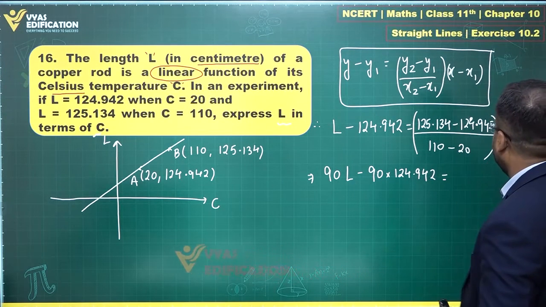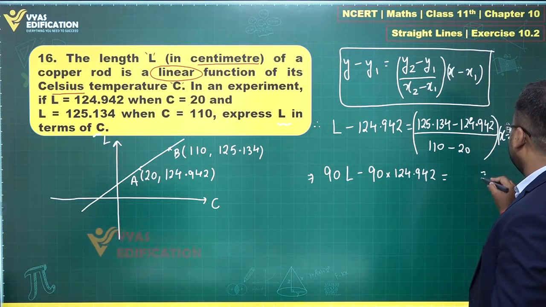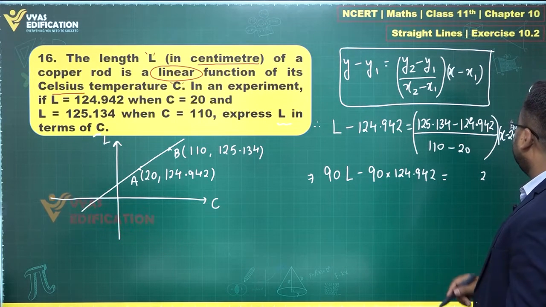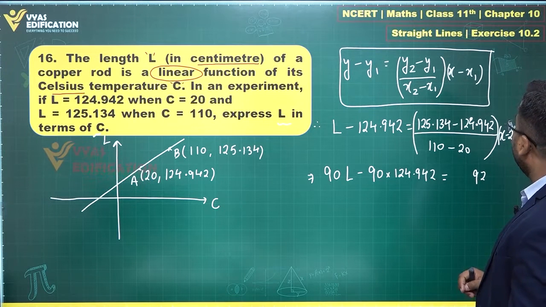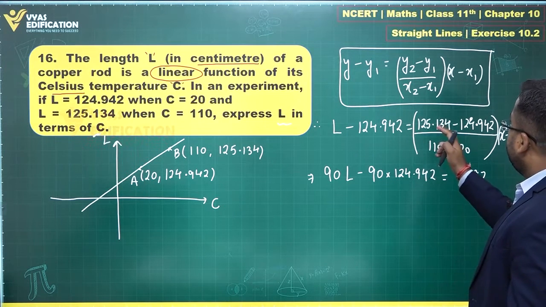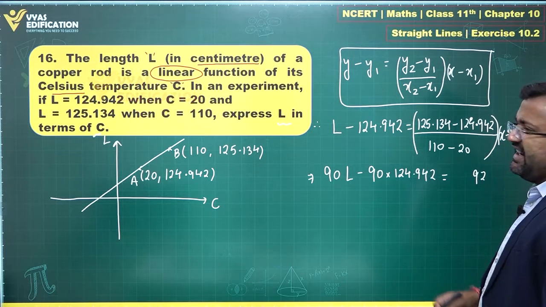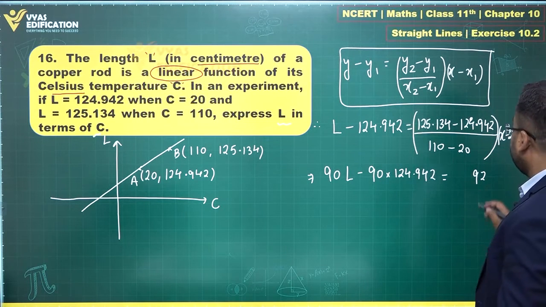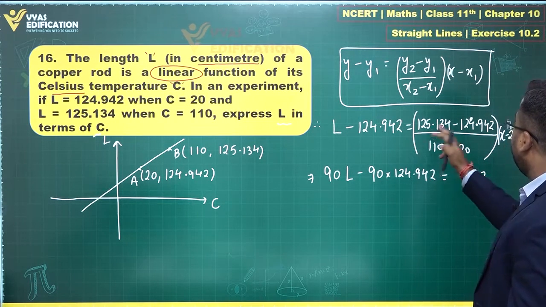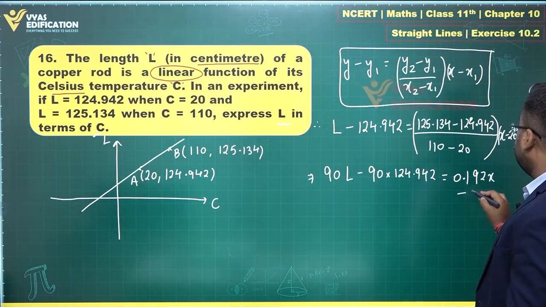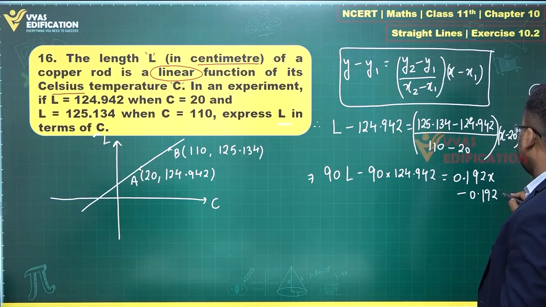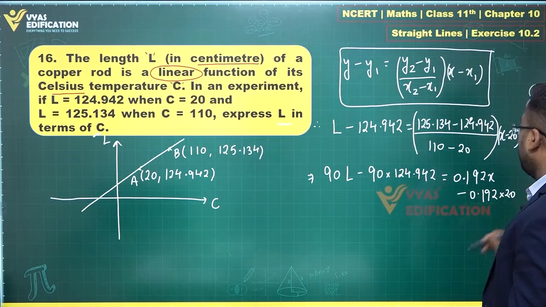Let's subtract them. 4 minus 2 is 2 and 13 minus 4 will be 9, and then you get a 0 over here. 0 minus 9 is difficult, so what you'll do is carry forward, this will become this, and this is 0. 0.192 x minus 0.192 times 20 is what I'll be getting over here.